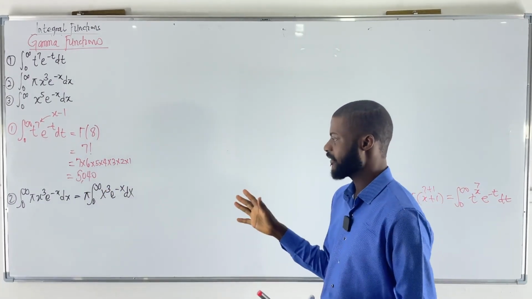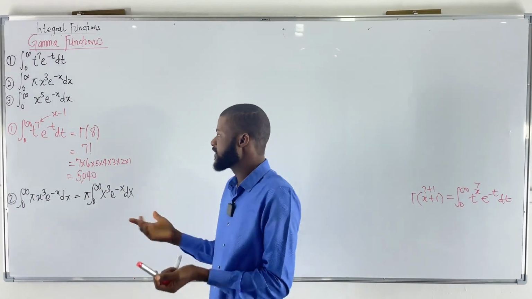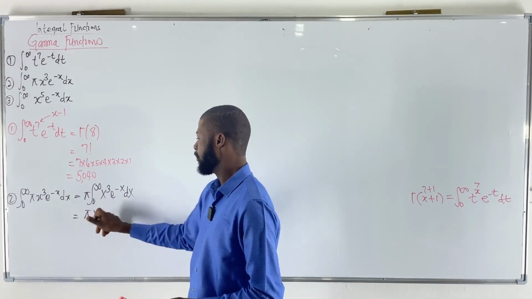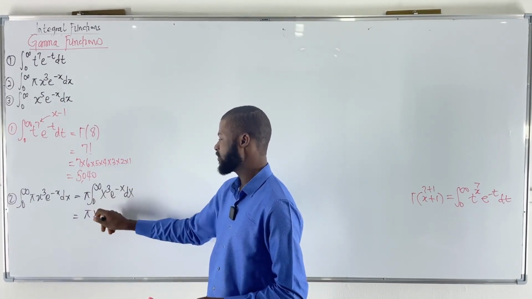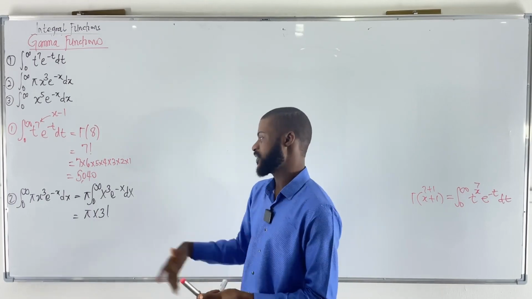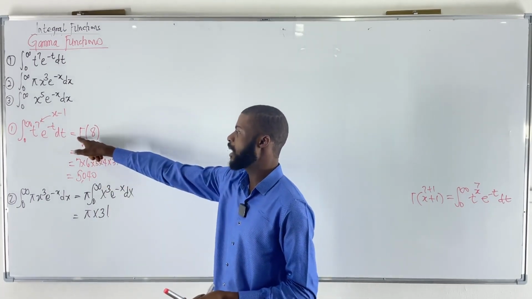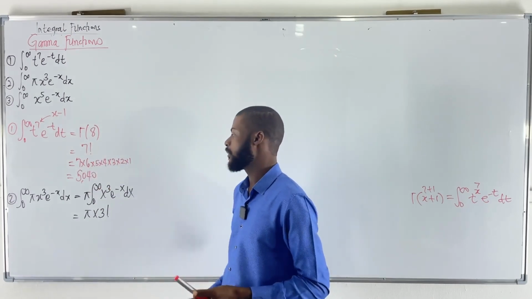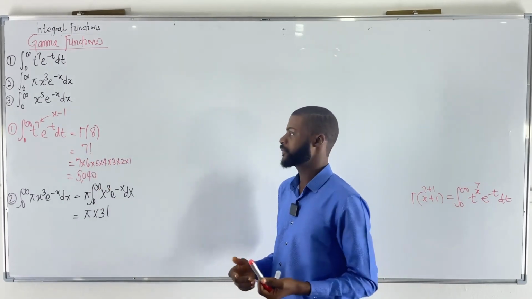Now, if this is what we have, you could then say from what we've just done earlier that this is pi multiplied by everything here, which is just 3 factorial. Or you could say it is the gamma of 4, but it then becomes 3 factorial from the previous video.